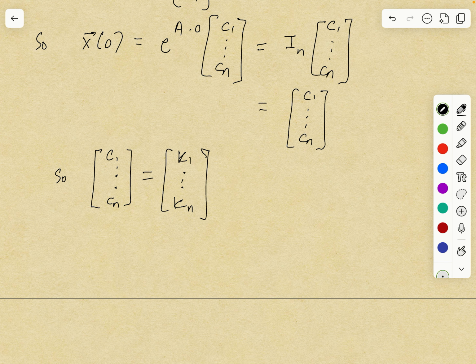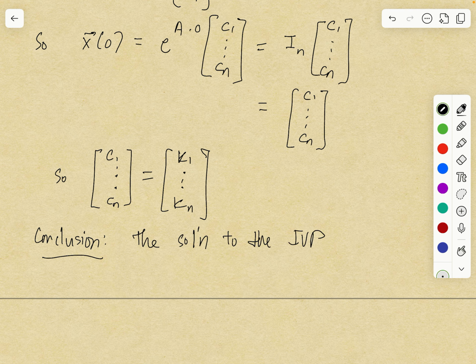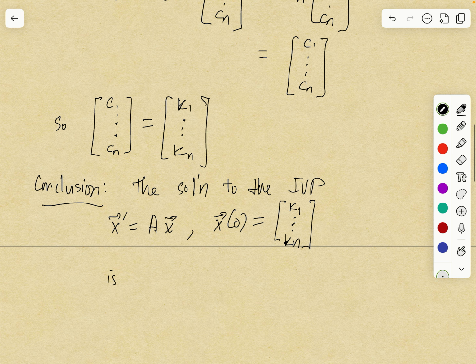So the conclusion is that if you have an initial value problem, x prime equals Ax, and x of 0 is the vector k1 to kn, the solution is just e to the At, that matrix, times the vector k1 to kn.